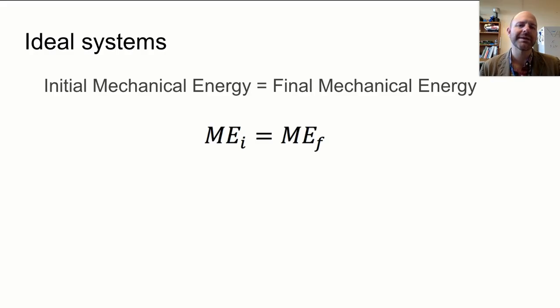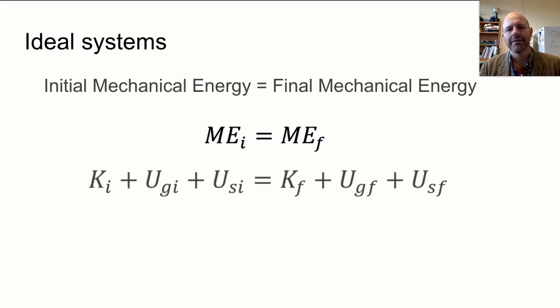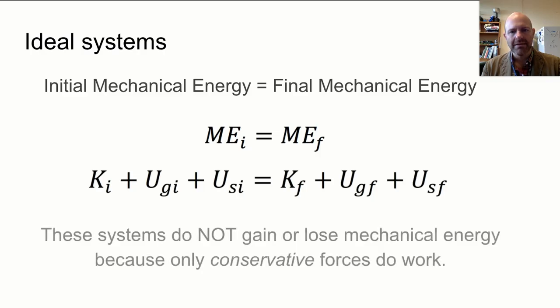And if a system is ideal, that is, there's nothing non-conservative going on, more on that in a second, we can say that the initial mechanical energy equals the final mechanical energy. The kinetic energy plus the gravitational plus the spring at the beginning is equal to that at the end. They do not gain or lose mechanical energy.